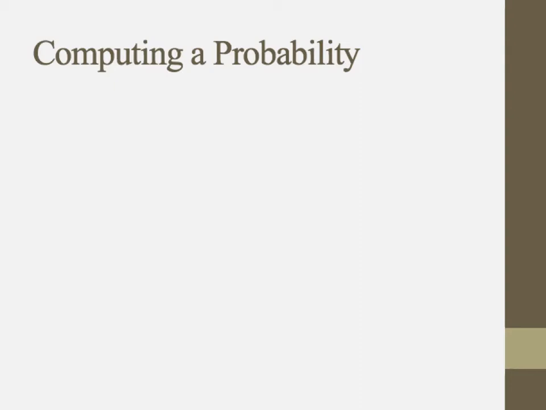So to compute a probability, what we're looking at is the probability of success equals the number of successful attempts or successes divided by the number of trials.